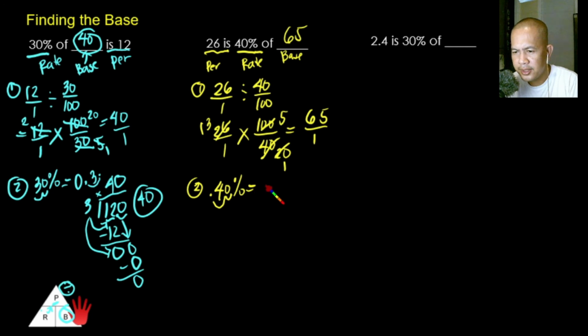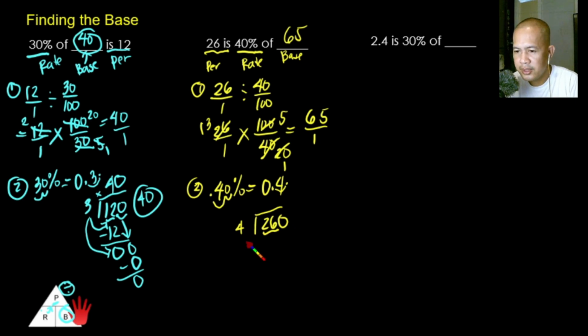The second way, we're going to change 40% into a decimal by moving two places. So 40% is 0.4. So we're going to divide 26 by 0.4. So we can change this to a whole number. We're going to move one place here, that is 4. Also, we're going to add 0 here.